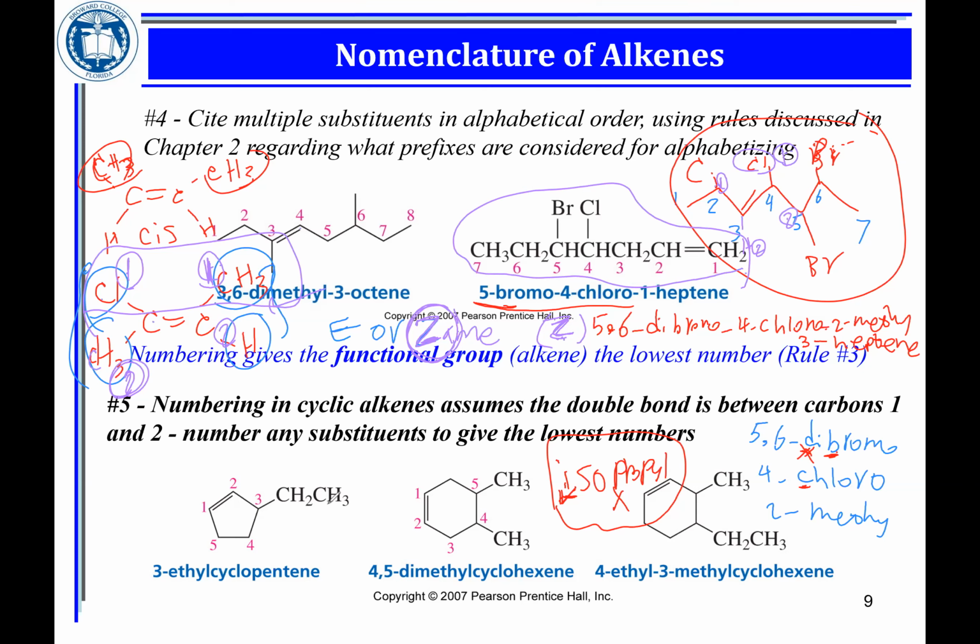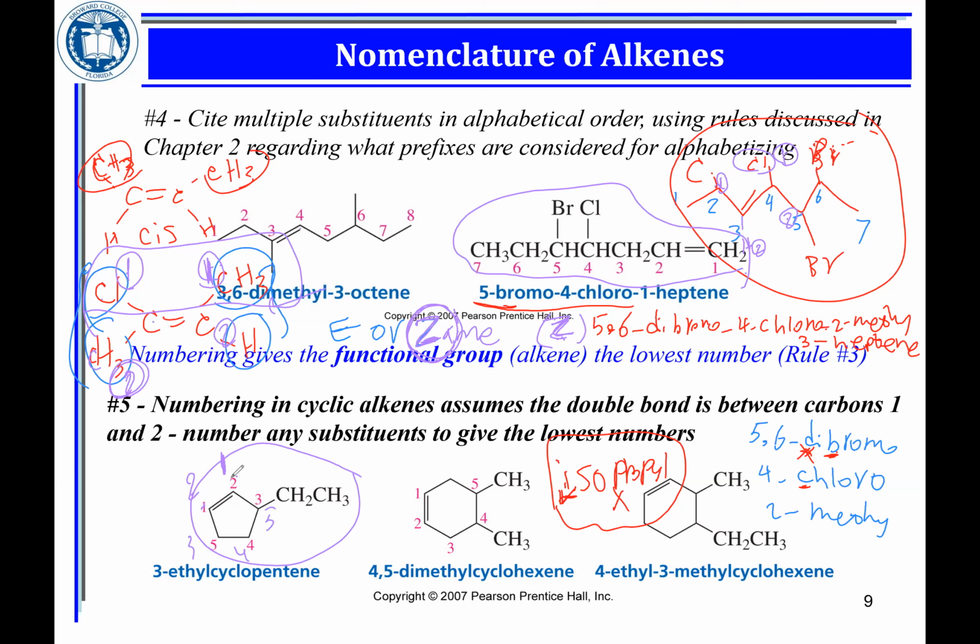If a double bond is part of a cyclic system, it is understood, and this is part of the rule, that the carbon-carbon double bond is going to be between carbon 1 and 2. Now, what happens if you say this is carbon 1 and not this one? If you say this is carbon 1, then the carbon on the left is 2, and then 3, 4, 5.